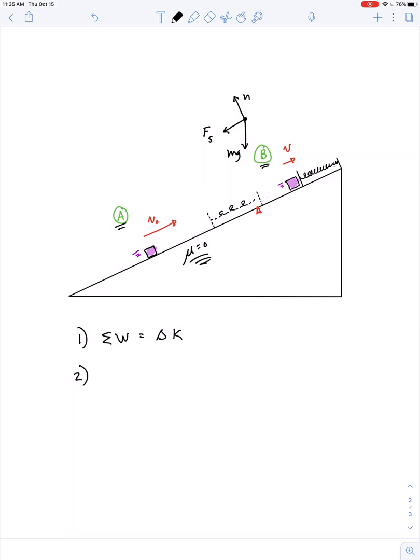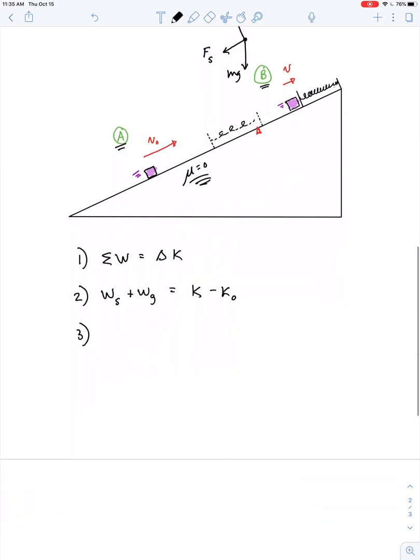So that's it. We also know that normal force won't do any work because as a vector it points perpendicular to the displacement. So the net amount of work is going to be the work done by the spring plus the work done by gravity. And that's equal to the final kinetic energy minus the initial kinetic energy.